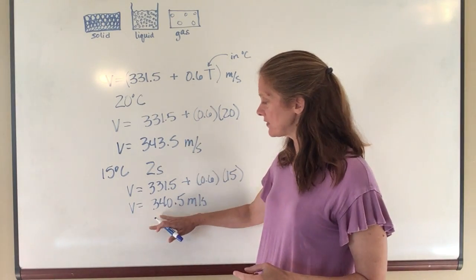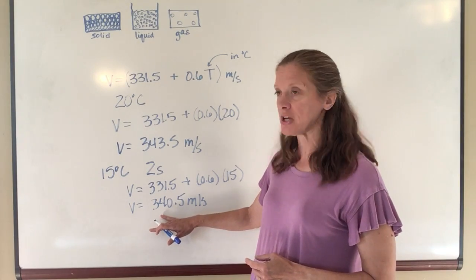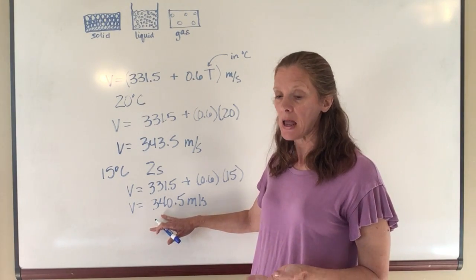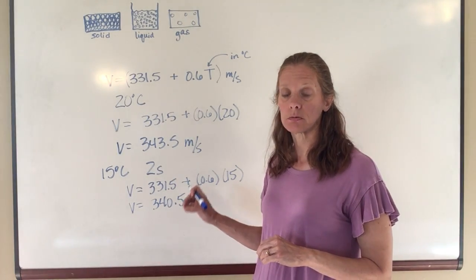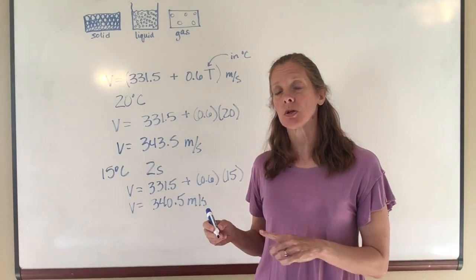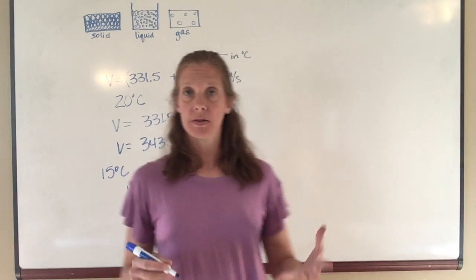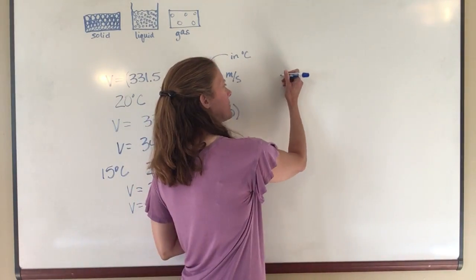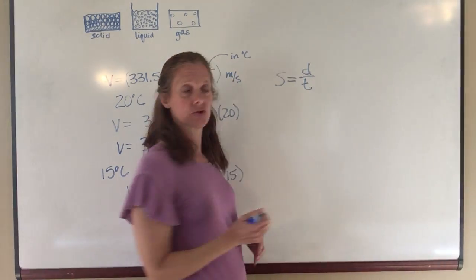Okay, so now that I know the speed of sound at 15 degrees, now I can figure out how far away the actual lightning strike was. And I can do that using one of the equations that we learned about when we talked about kinematics earlier. We said that speed equals distance over time.